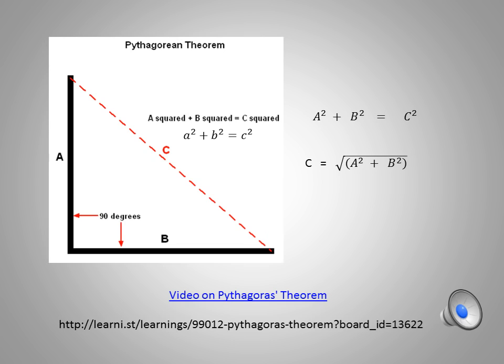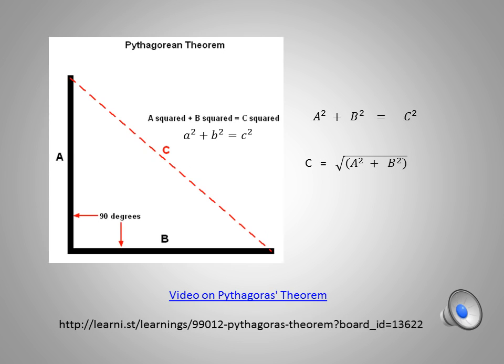What that really means is that if we were to put a square with sides equal in length to A and another square with sides equal to length B, those two areas together would be equal to the area of the square that we would put on side C.